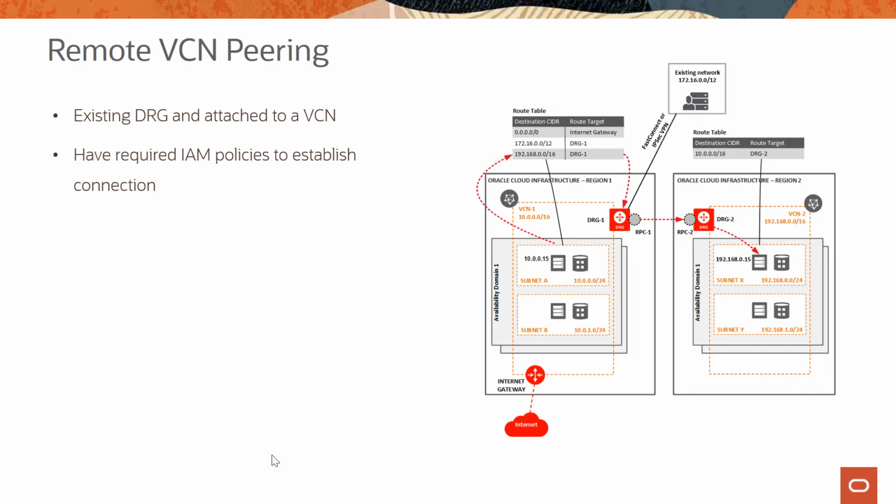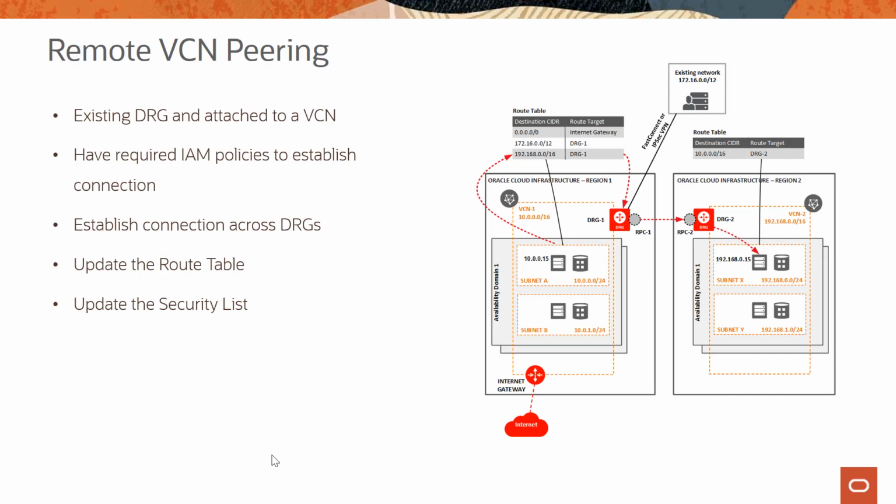Together, these policies will let someone in the requester group establish the connection from an RPC in the requester's compartment to an RPC in the acceptor's compartment. Once you have the required IAM policies, you can then go ahead and create the connection across the two dynamic routing gateways via the remote peering connection.